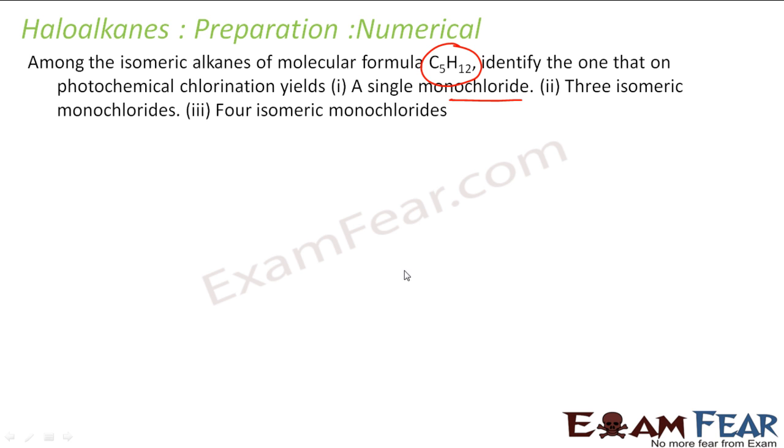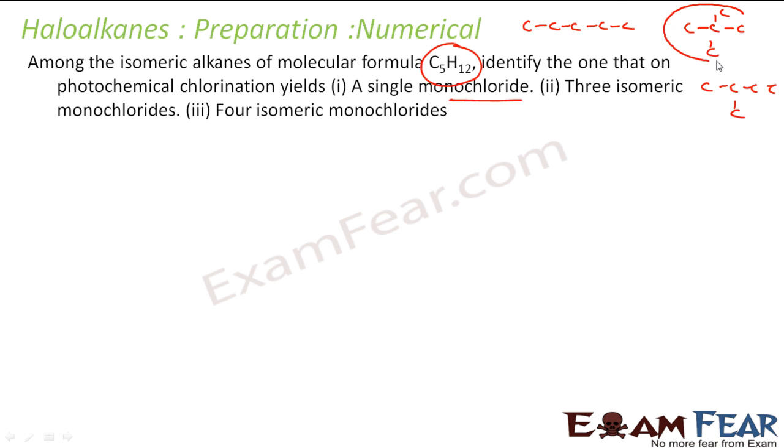So let's see what are the possible structures of C5H12. One is this, a straight chain of 5. One is this, where I have 1, 2, 3, 4 in the chain. 4 possible options I have. Correct. So let's try this one first.